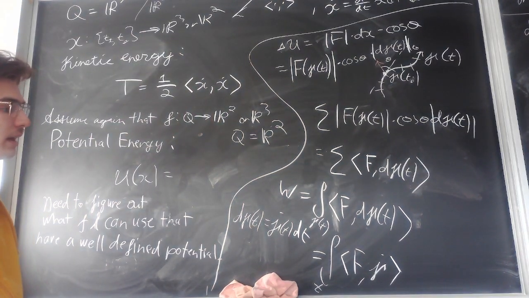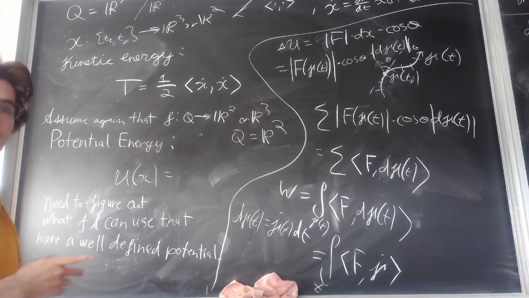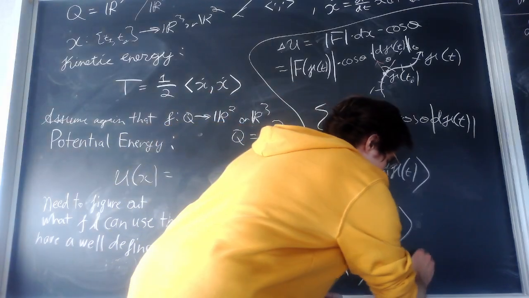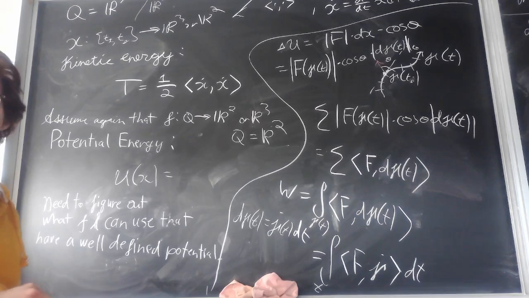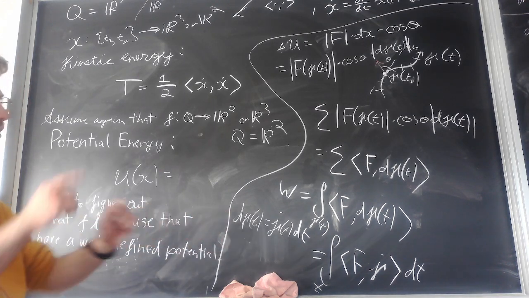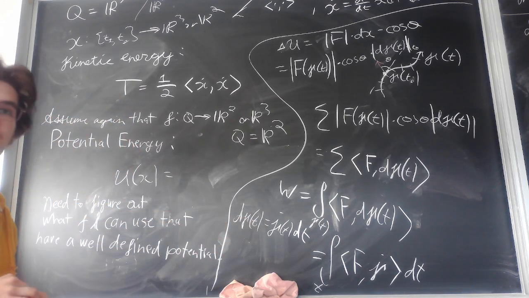And notice that this is indeed reparametrization invariant, right? If I decided to go along this path faster or slower, then just by change of variables, you can check that as long as the actual trajectory of the path is the same, this integral is the same.